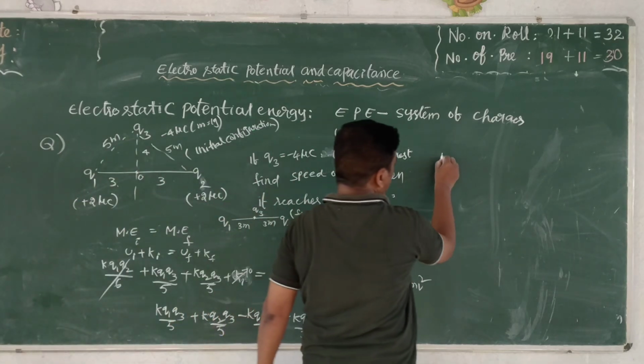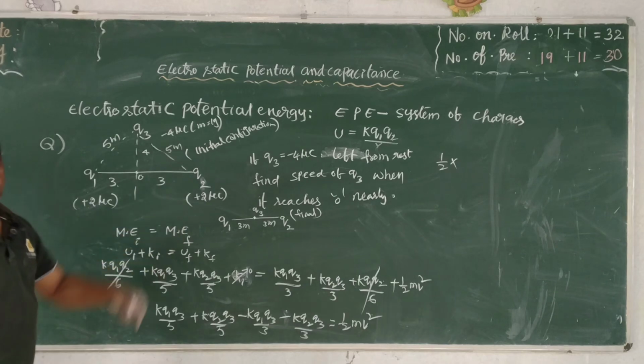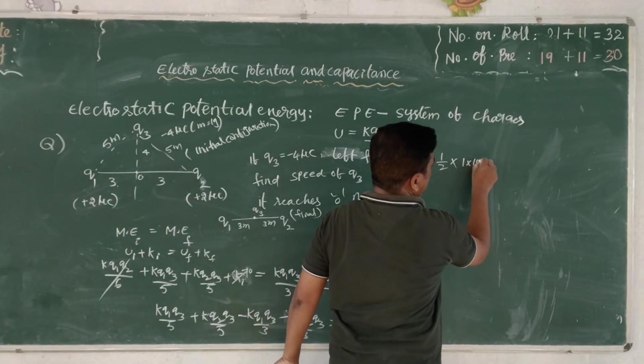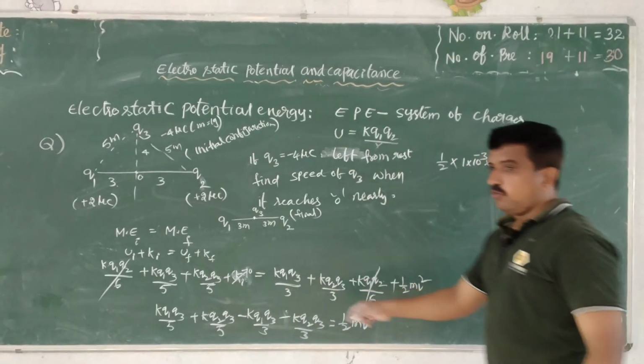So we can write half m, where the mass here is 1 gram. 1 gram we convert into kilogram, so 10 power minus 3 kg into v square equals k q1 q3.